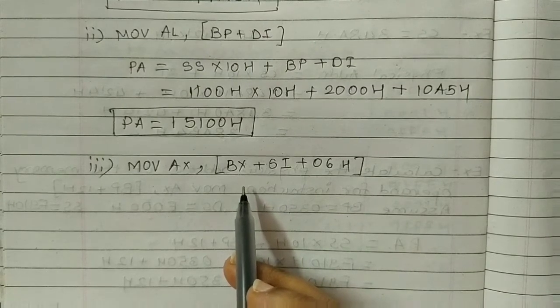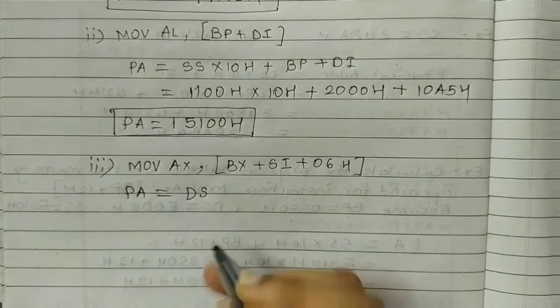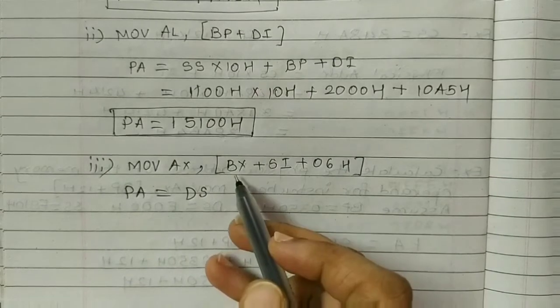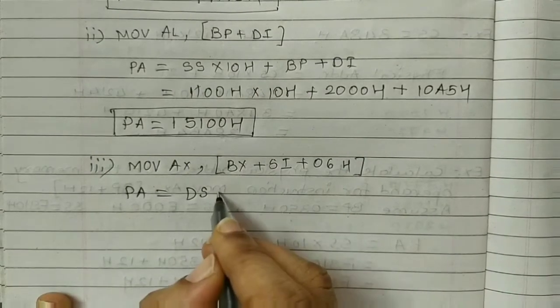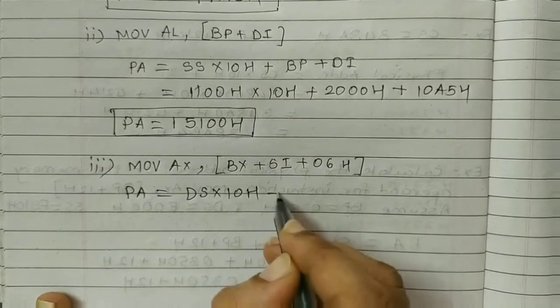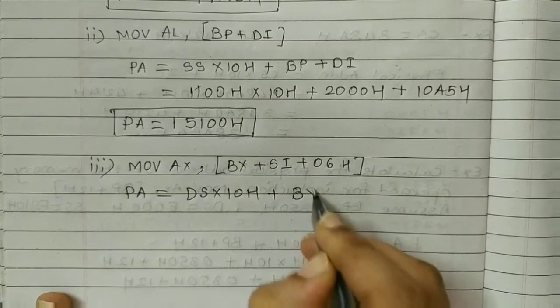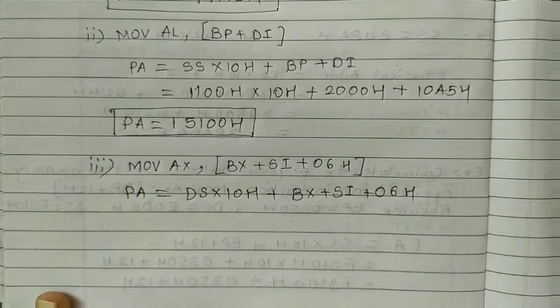So the physical address is calculated as DS into 10H plus BX plus SI plus 06H.